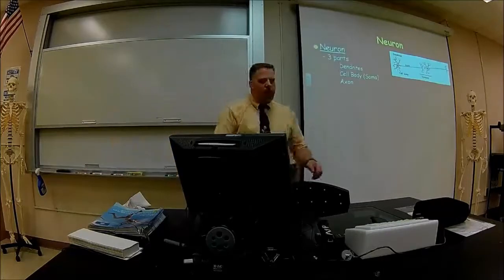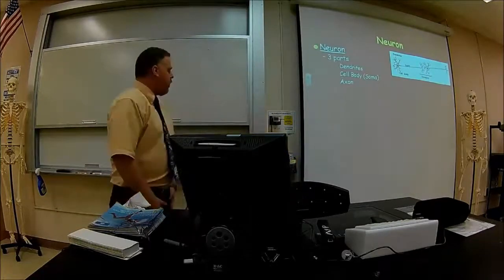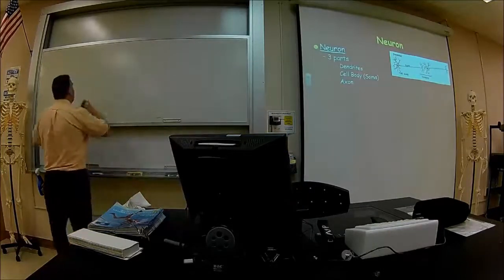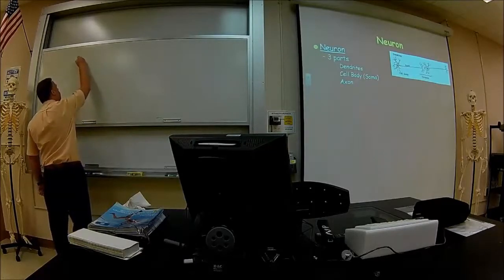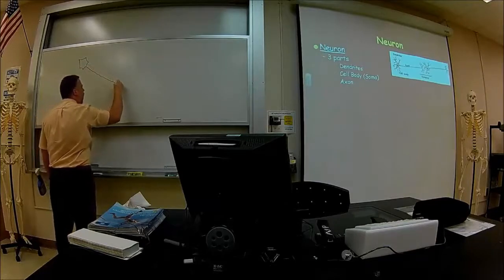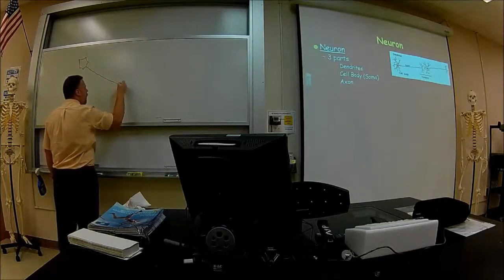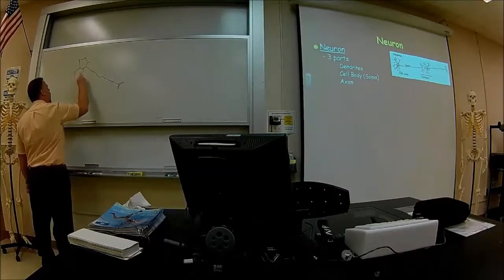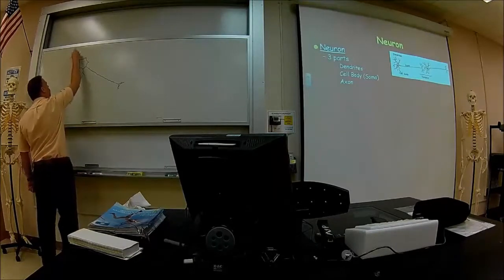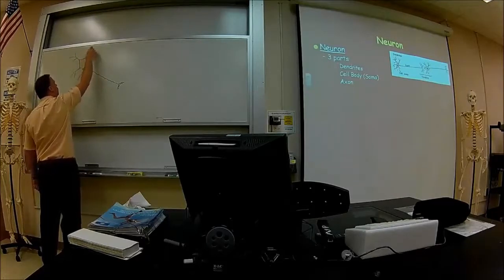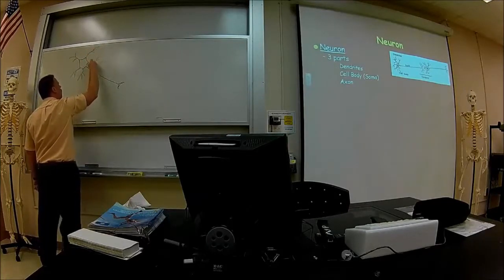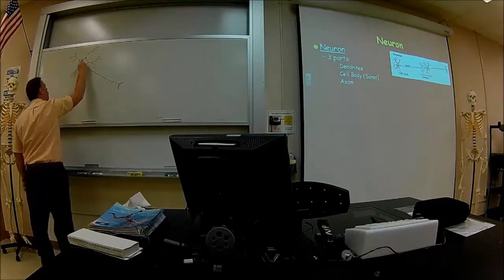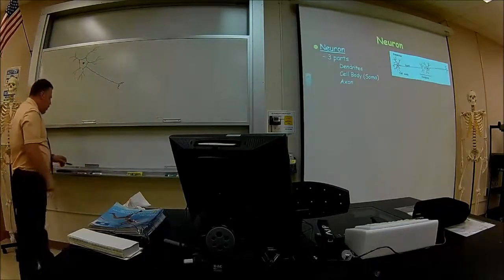So the neuron has 3 parts. A neuron is going to look like this star-like thing with an end like that. That's what a neuron looks like.